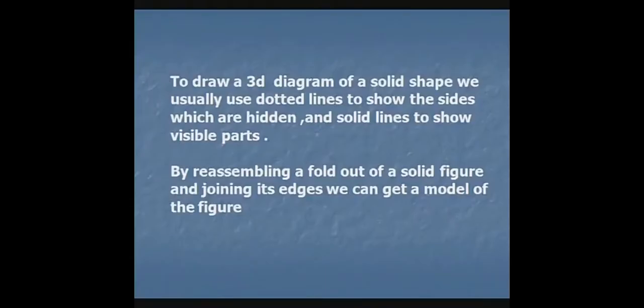And one more thing: to draw a 3D diagram of a solid shape, we usually use dotted lines to show the sides which are hidden and solid lines to show the visible parts. This is the most important, because we can't visualize all the sides, all the edges, all the vertices, as we are observing on a 2-dimensional plane.